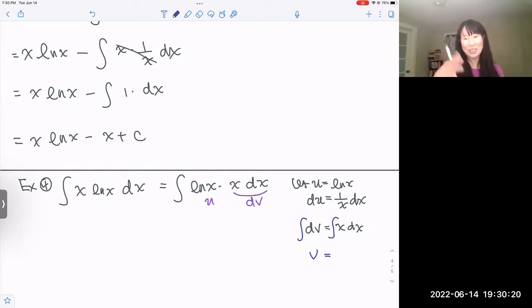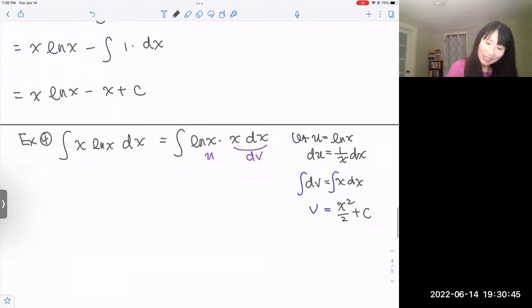Yeah, x squared over 2, right? With the derivative, antiderivative, derivative, antiderivative, we get confused easily. So we have x squared over 2 plus c, right? Yeah, understandable.